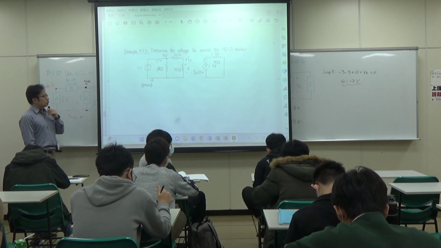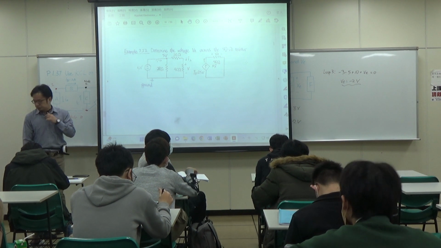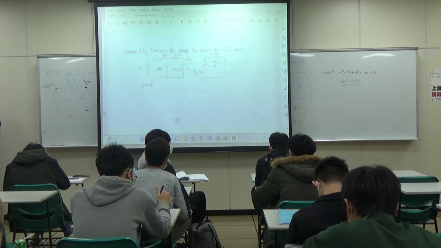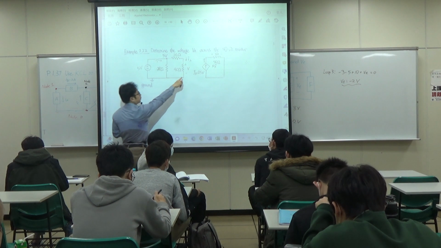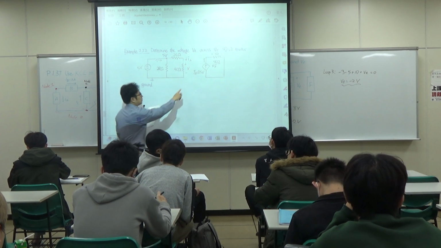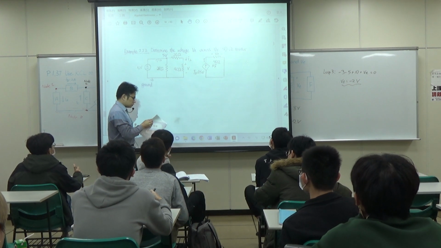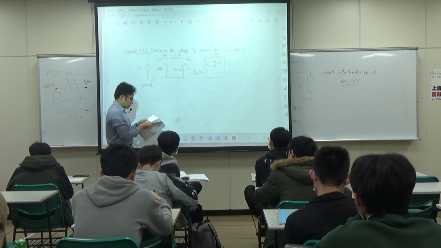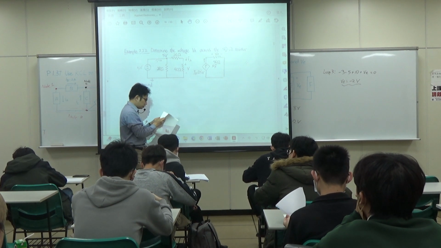Okay, let's look at this one. Yesterday I asked you to assign this variable as V1, right? And also this is V1. So we don't want you to confuse this variable with voltage.